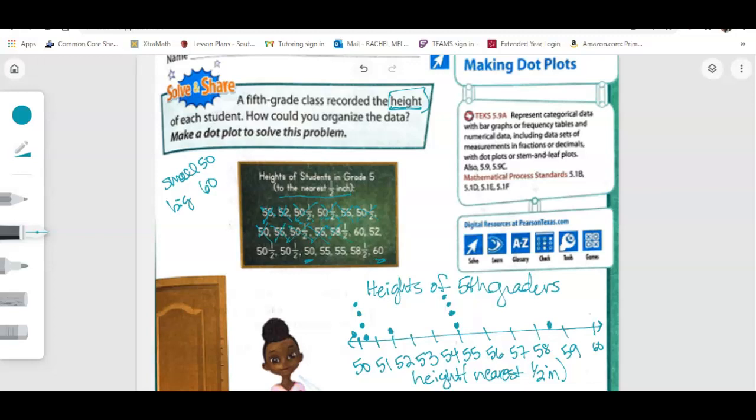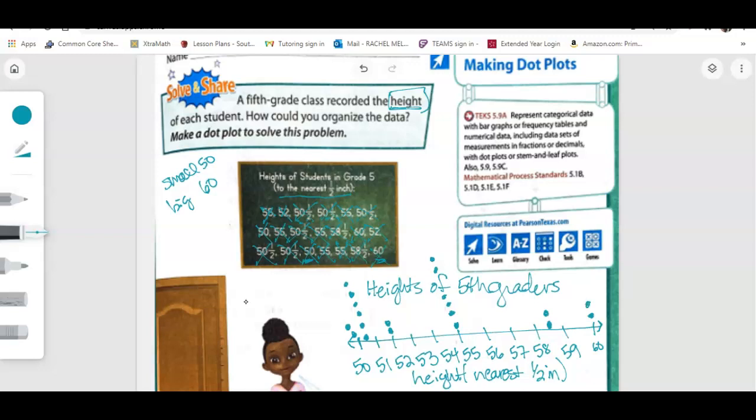A 60, a 52, another 50 and a half, ooh, and another 50 and a half, a 50. I have two 55s, I'm going to put it right up here. I have a 58 and a half, so there's another one, and then I also have a 60.